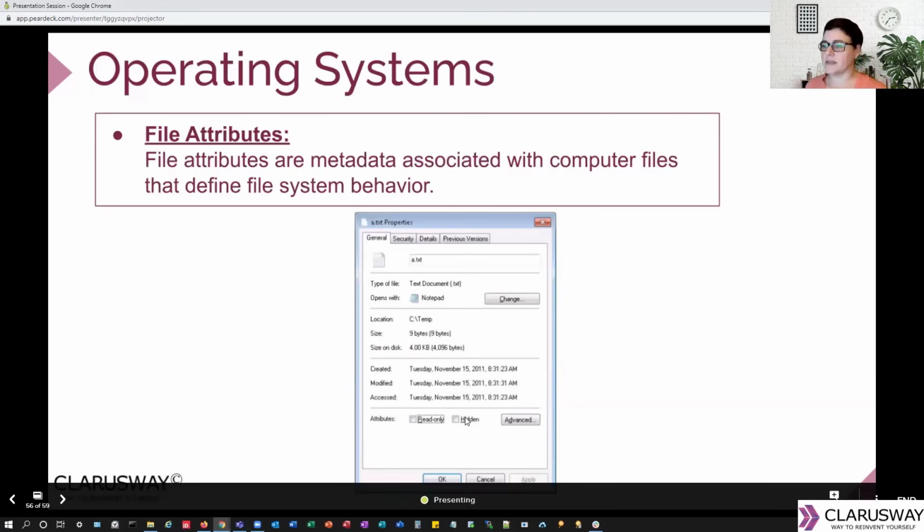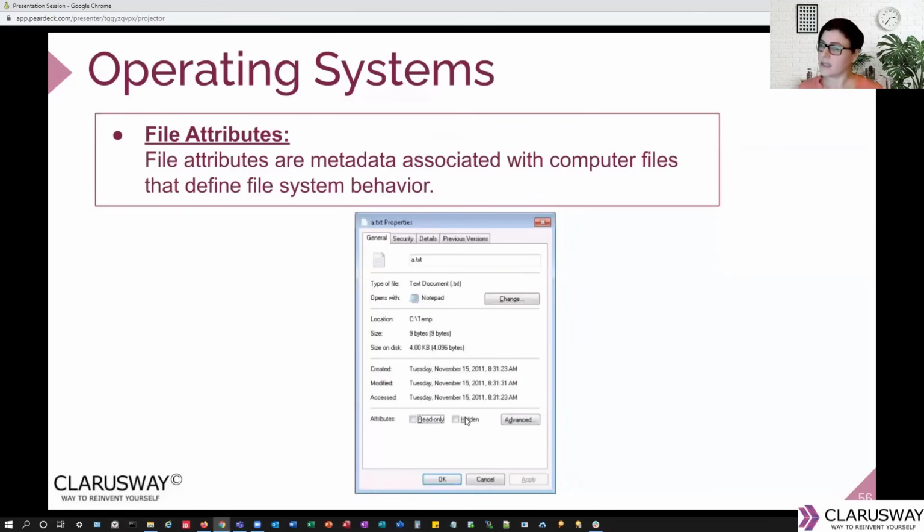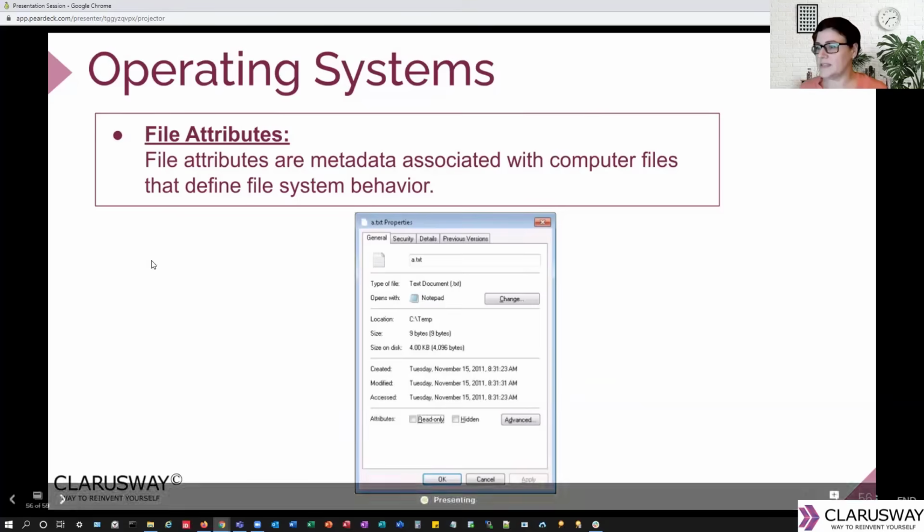Of course, on a Mac, you're going to access your attributes a little differently. Depending on any file system, they're engineered, developed to have you interact with the graphical user interface in different ways.